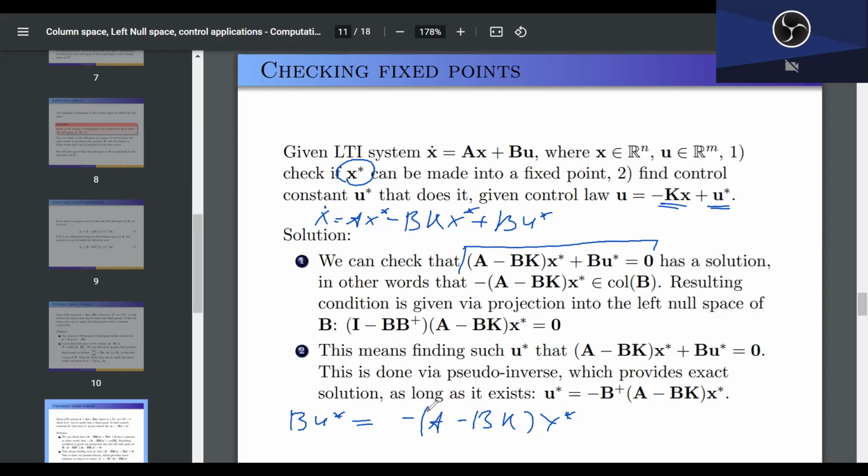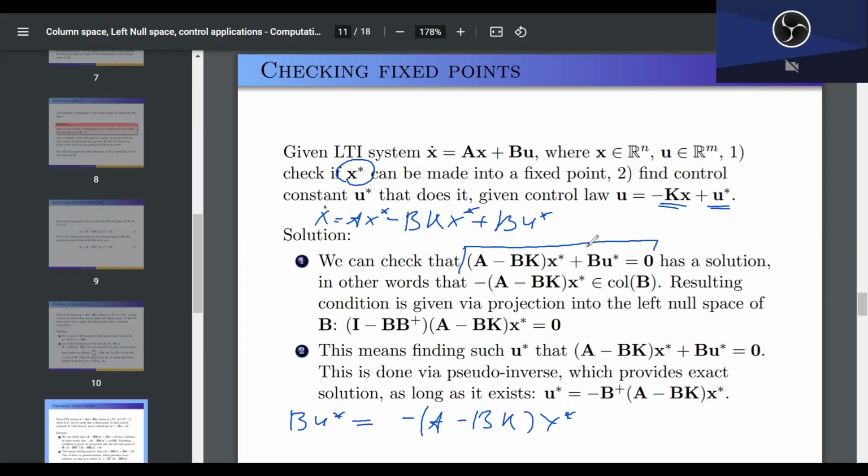If it does not lie in the column space of B, then there is no such u that can produce it. Conversely, if it lies in the column space, then there is such a u that can produce it, which means there is a zero residual solution. So all we need to check is whether or not this lies in the column space of B.